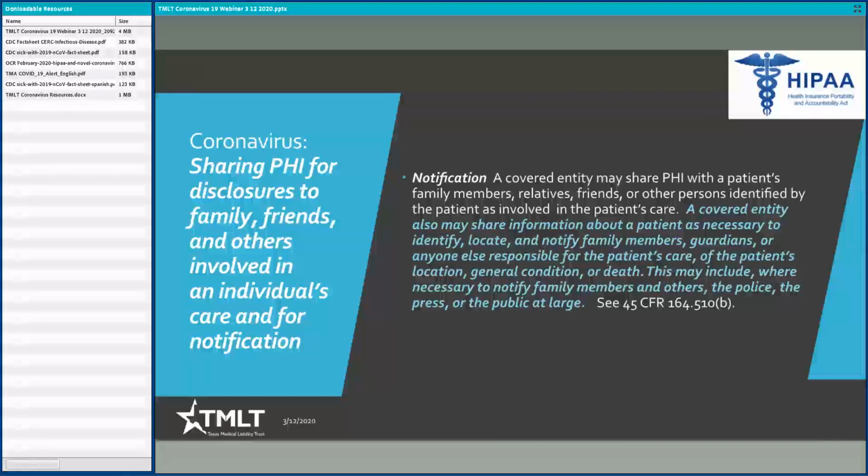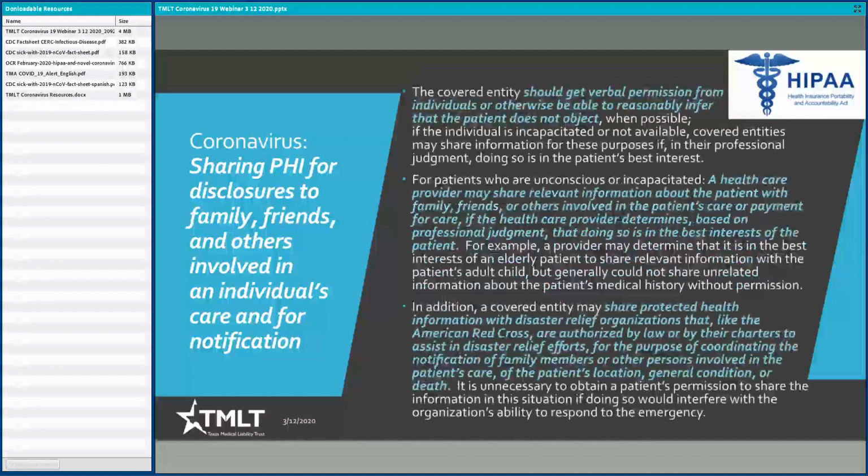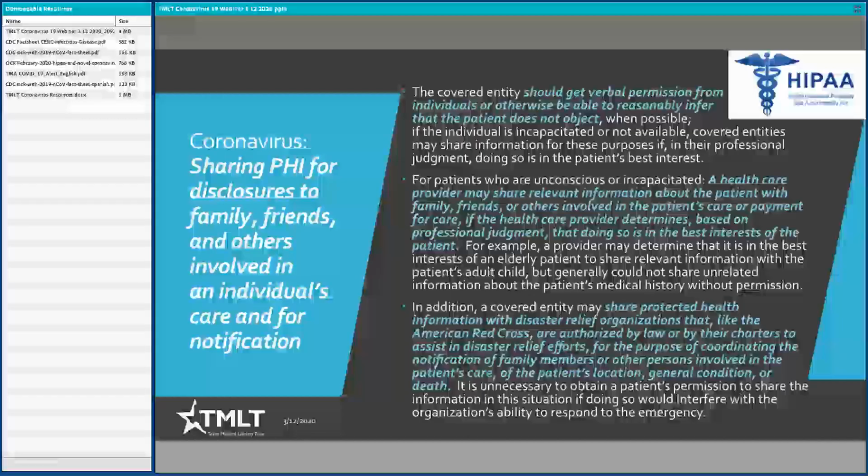This may include, where necessary, notifying family members and others, such as the police, the press, or the public at large. We're going to talk specifically about notifying the media in just a couple of slides.